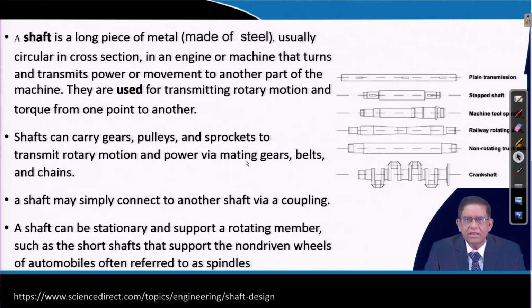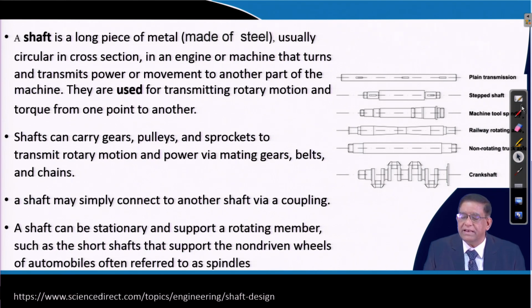It is just transmitting power from one shaft to another, and these shafts can be in the same line or at different angles, and a shaft can also be stationary to support rotary members. So, they are used for different purposes.